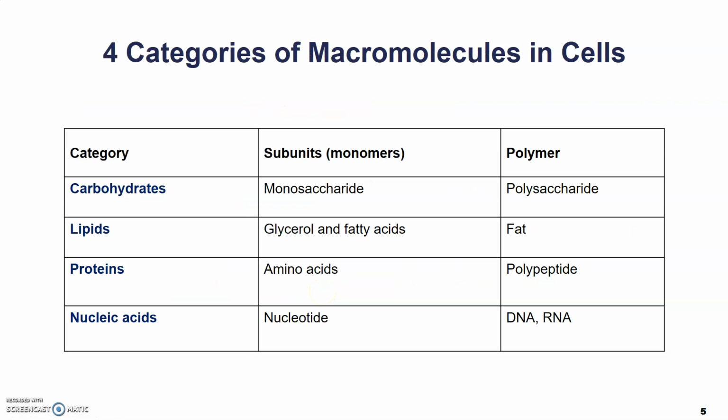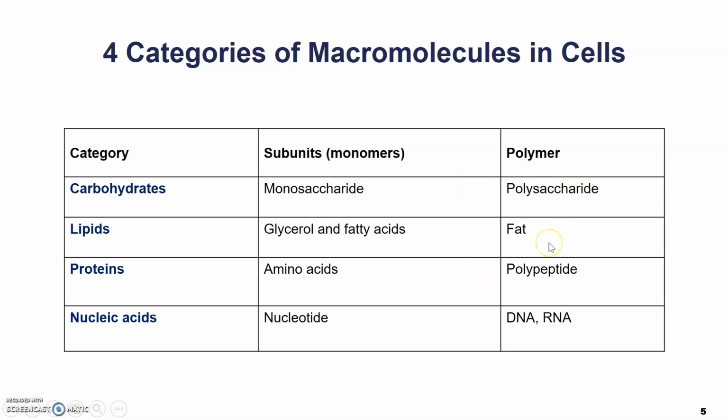You can see the four categories of macromolecules that we find in cells here, and both the polymer form of each of these categories as well as the subunit or monomer form. The four major categories are carbohydrates, lipids, or the fats, proteins, and nucleic acids. The polymers of carbohydrates are polysaccharides, and they are made up of subunits called monosaccharides.